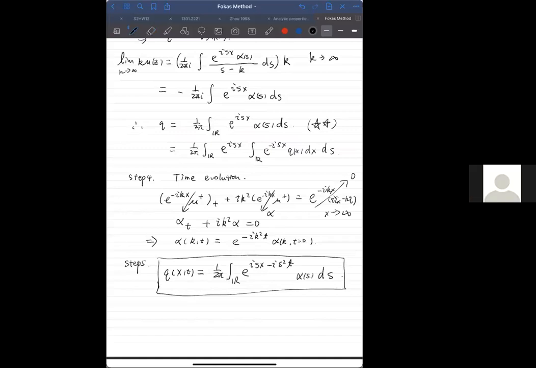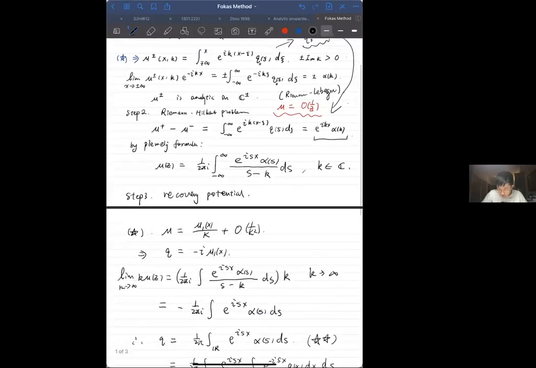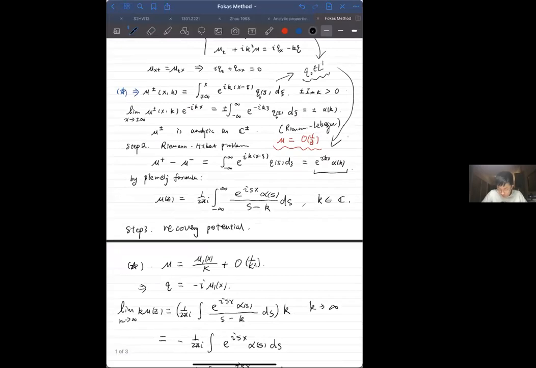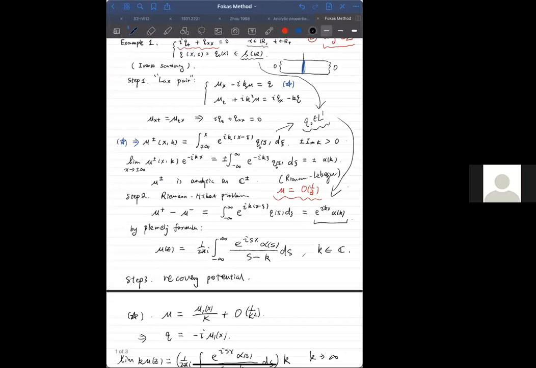Do you have confusion about the notation? Previously, you used alpha to represent the Fourier transform of the Cauchy data. Here alpha is the asymptotic condition. No, same alpha.